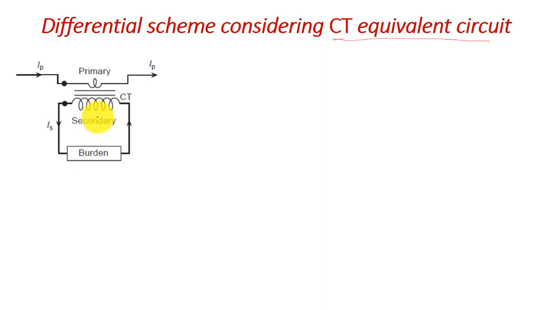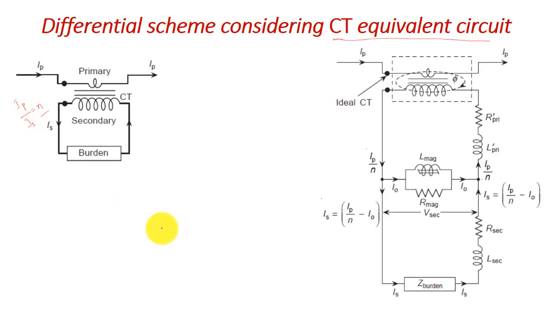So therefore the ideal CT ratio is IP by IS equal to N, right? So this is your ideal condition. Now under practical situation, what happens? Here the current is entering at the dot, and the current is coming out from the dot at the secondary side.